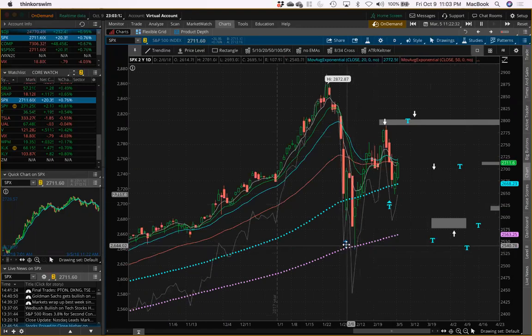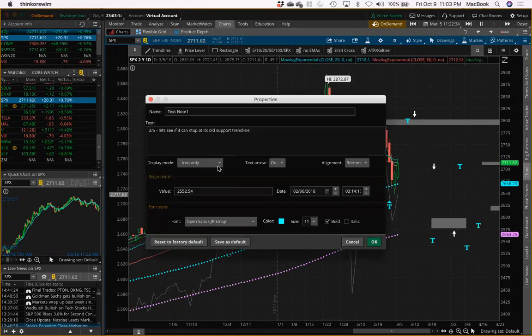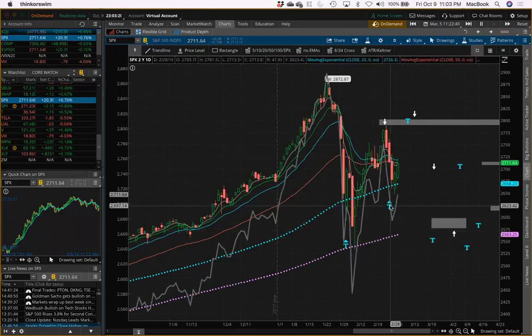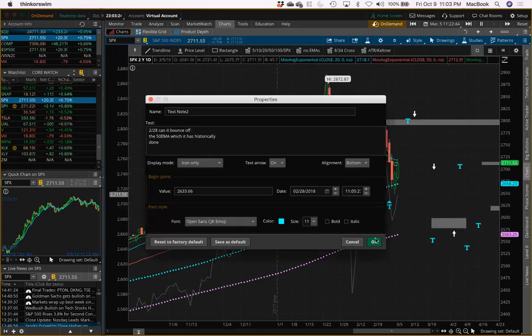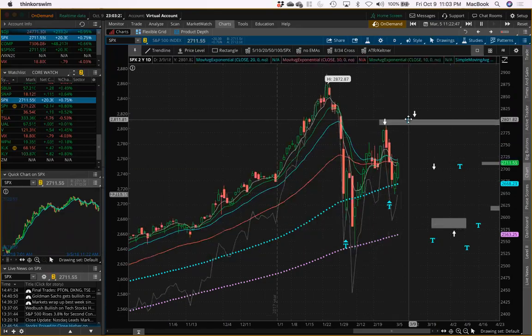Let's see if it can stop at its old support trend. Oh, look, I was making technical notes. I didn't make a note of what happened though. And bounce off. Okay. I'm making all these notes, now I'm sharing just extra stuff with you guys. I don't know why.